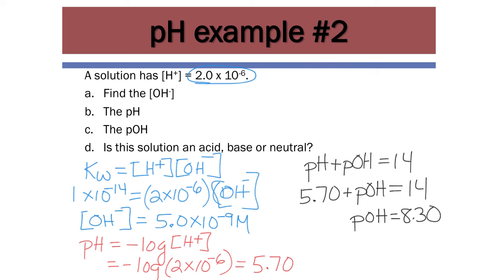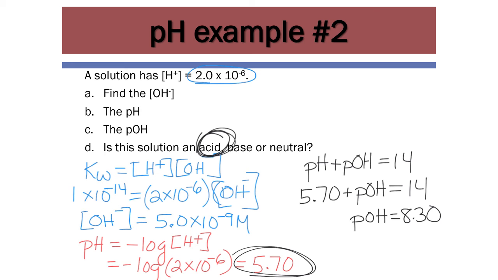And lastly, is this solution acidic, basic, or neutral? Easiest way to do that is to look at the pH. Since the pH is 5.7, then we know that we are acidic because it's less than 7.